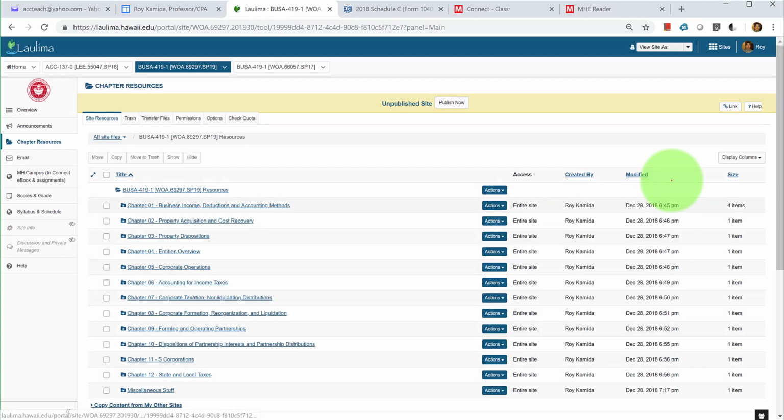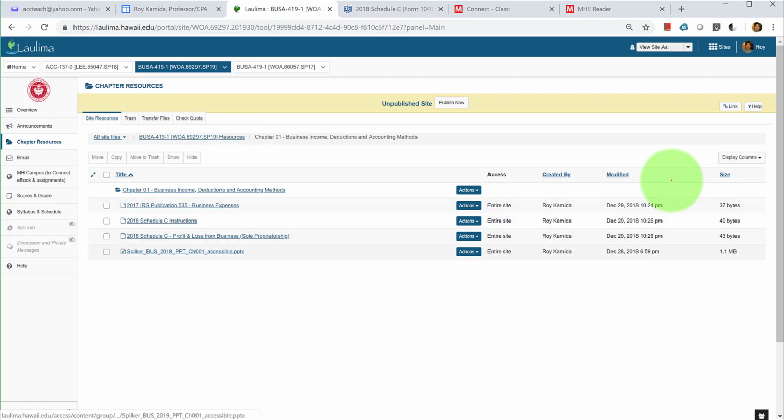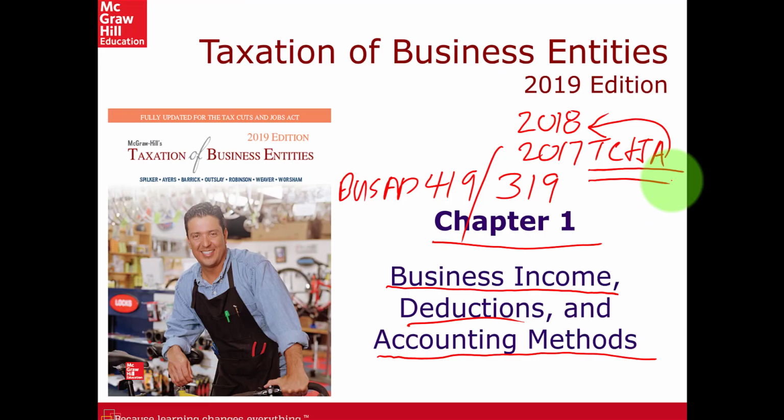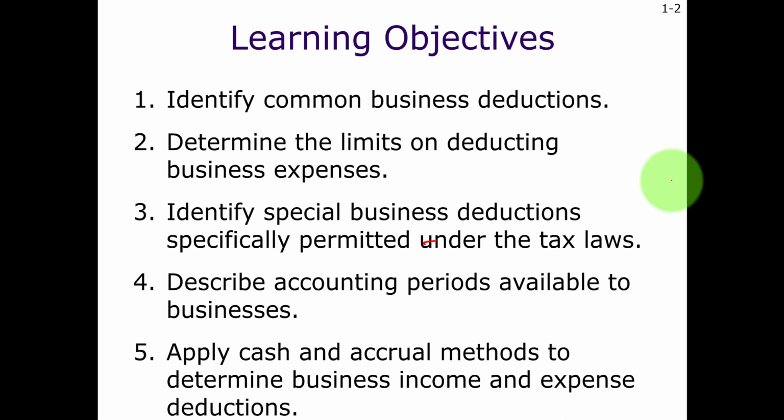So for chapter 1, you can see the PowerPoint file that I'm using for this video lecture and other links to handouts for this chapter. So let's take a look at the list of objectives for this chapter. This list is also in your ebook that you can see at your McGraw-Hill Connect account.